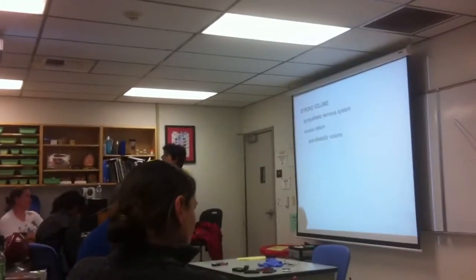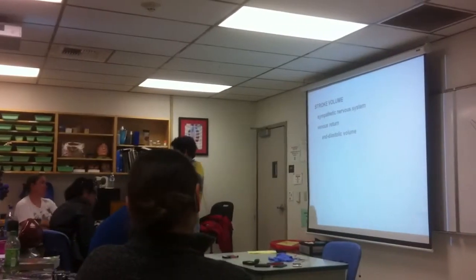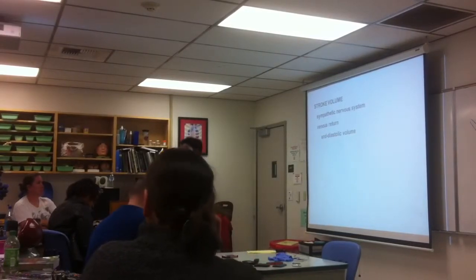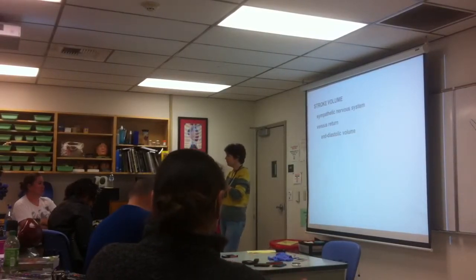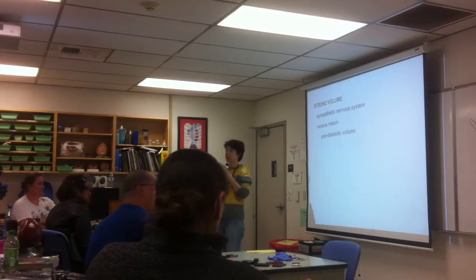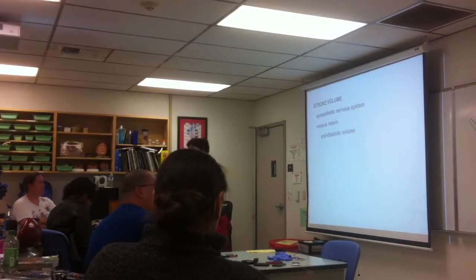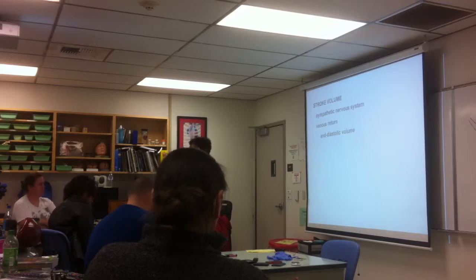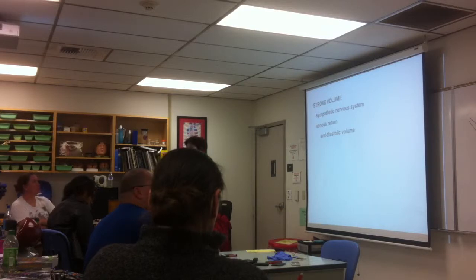One is the actual contraction of the cells, which is going to depend on how much calcium ions are available. So remember the relationship with calcium ions binding to troponin. The troponin moves, actin and myosin bind, and pull. Okay? So the more calcium we have, the greater the force of contraction.